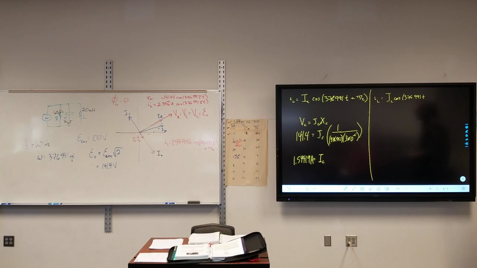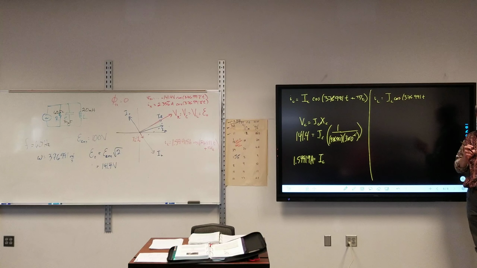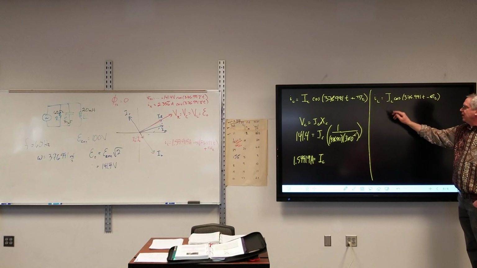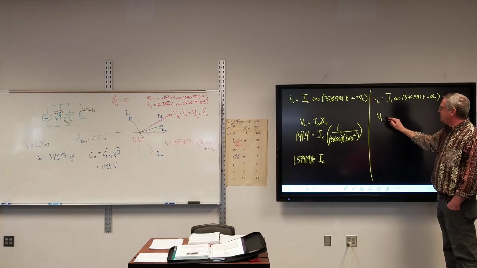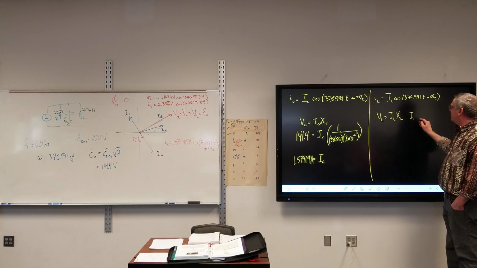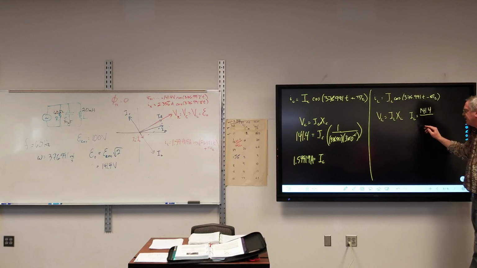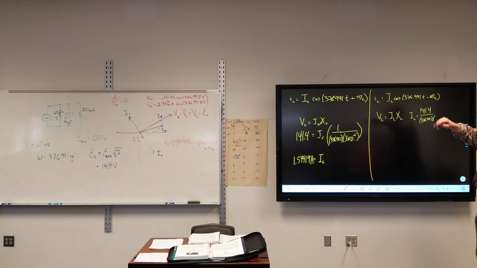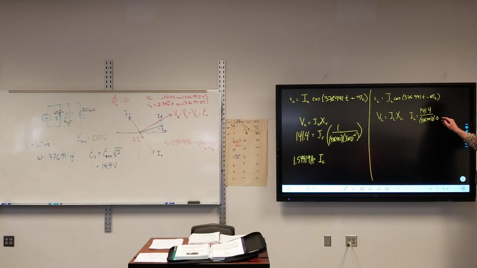Sorry, we have 2 more to go. Minus pi over 2. Good, minus pi over 2. I know that V sub L is equal to I sub L X sub L. So I sub L is going to be 141.4 divided by omega L, 376.991 times 0.02.